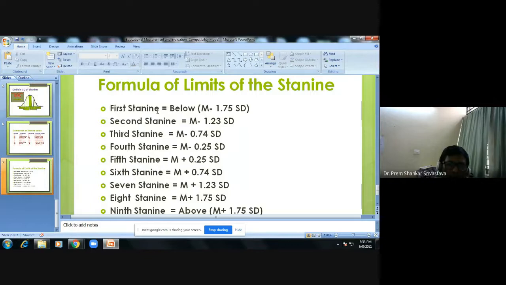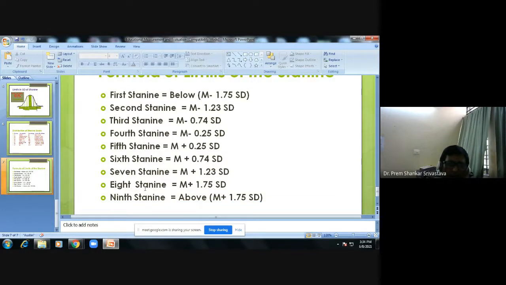And the fifth Stanine starts from M plus 0.25. The sixth Stanine is M plus 0.74, the seventh Stanine M plus 1.23 standard deviation, and the eighth Stanine M plus 1.75 standard deviation.